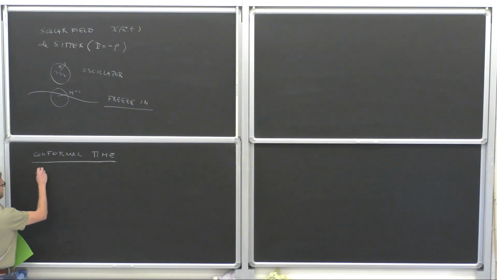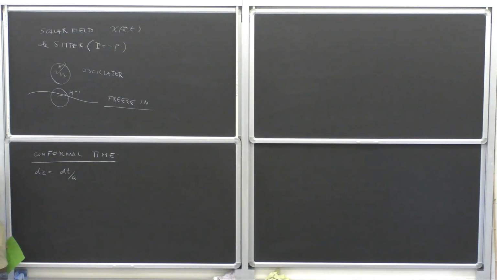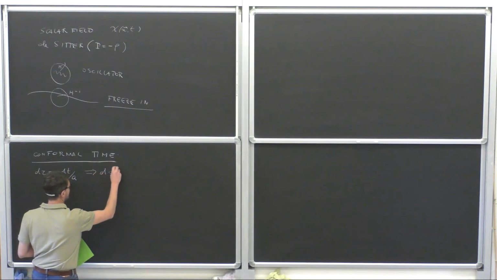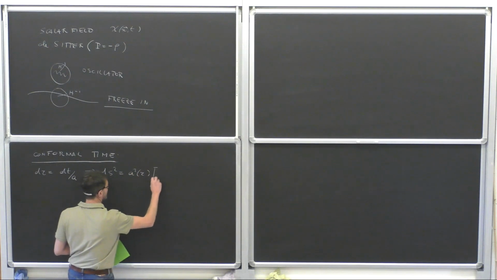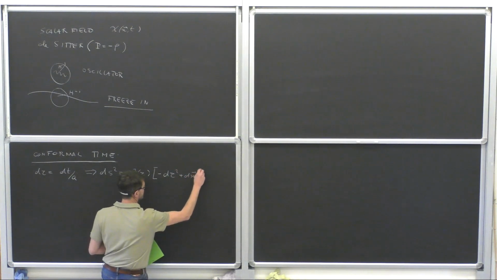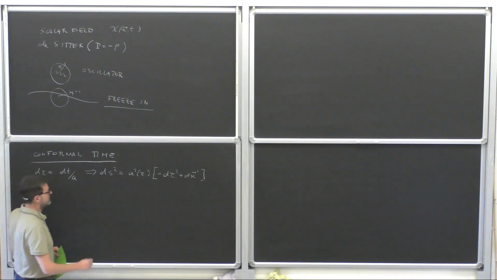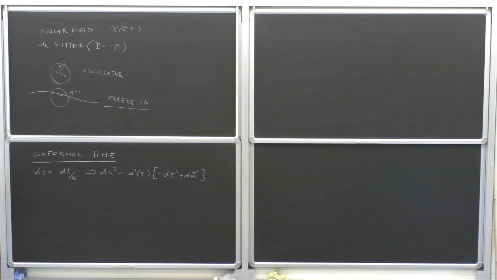So I introduce a time d tau equal to dt over a, the dt of the cosmic time divided by the scale factor, in such a way that I can write the metric in the following form: a squared of tau, which multiplies minus d tau squared plus dx squared. I collect the scale factor outside, and it's called conformal, of course, because the metric this time is conformal to Minkowski, even though with this strange time tau.